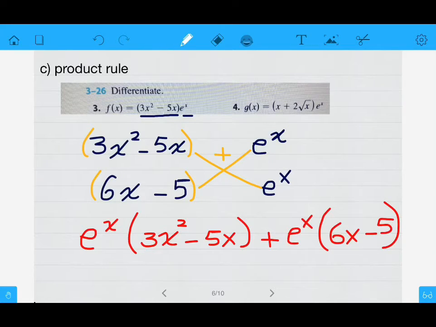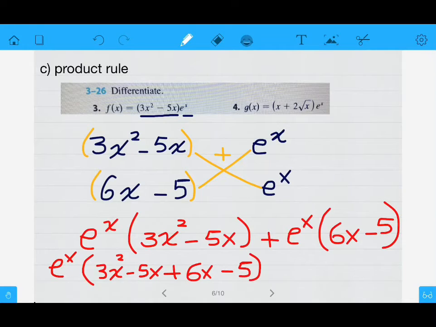Now you want to simplify it more. e^x here and e^x here, we can simplify it. We can take a common factor. e^x, open the brackets, 3x squared minus 5x plus 6x minus 5. Okay, now here we will see the like terms. This one we don't have, we keep it the same.